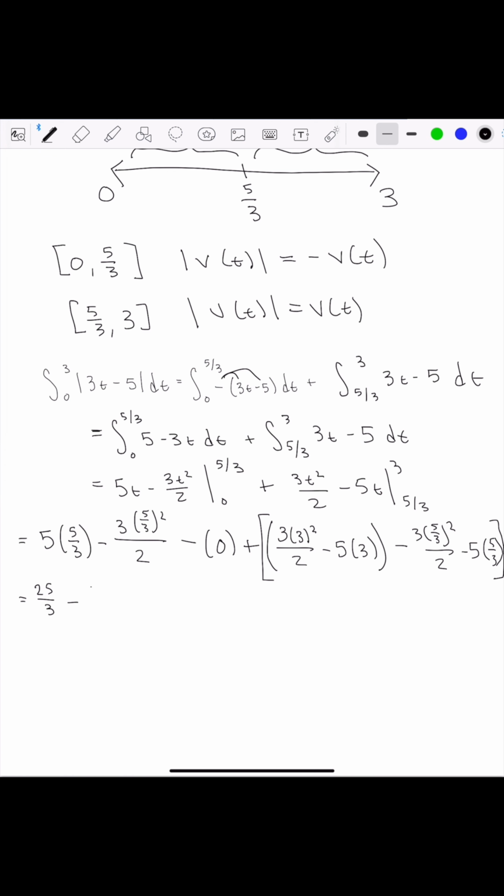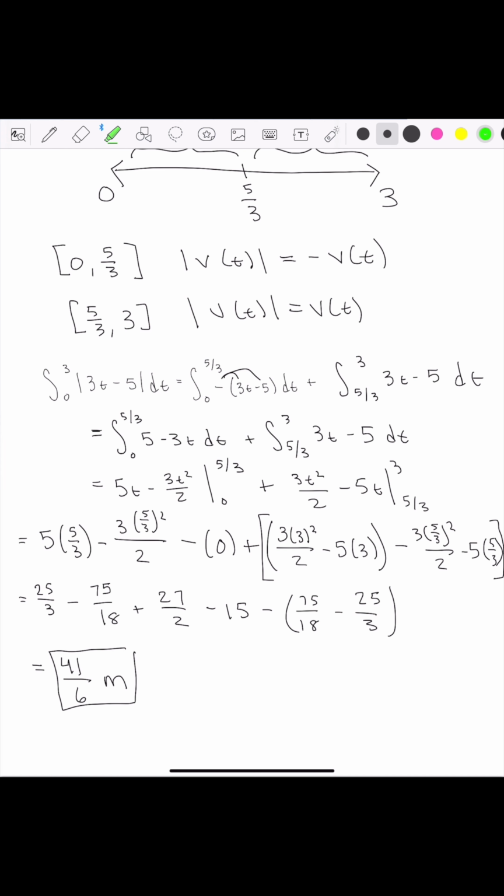That's going to be 75 over 9, and then that's going to cancel 75 over 3 again. Okay, so do all the math. 27 over 2 minus 15 minus 75 over 18 minus 25 over 3. And then I simplify all of that and I end up with 41 over 6 meters.